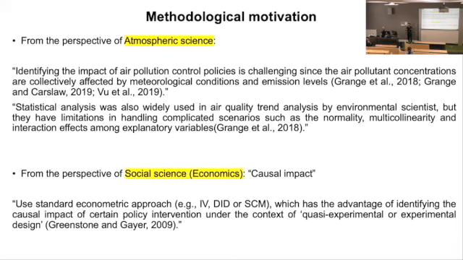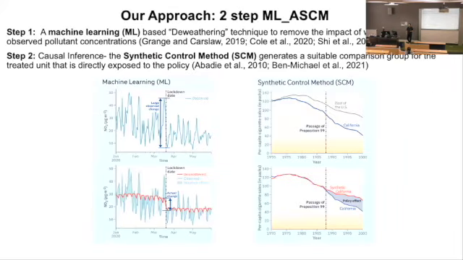So it's very hard to understand whether the improvement of air quality is due to the emission reduction or due to the weather, right? From the economics perspective, we care about the causal impact. So we use a lot of econometric models like IV, DID or synthetic control to identify the causal impact under the causal network experiment. With these two motivations, our approach is to combine these two steps.